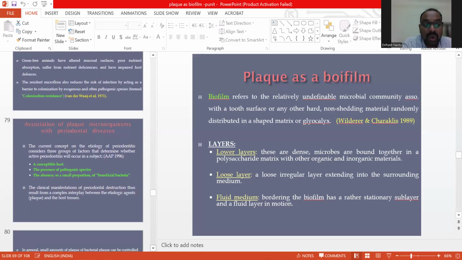Association of plaque microorganisms with periodontal diseases. The factors responsible are the susceptible host, the presence of pathogenic species, and the absence or small proportion of beneficial bacteria.